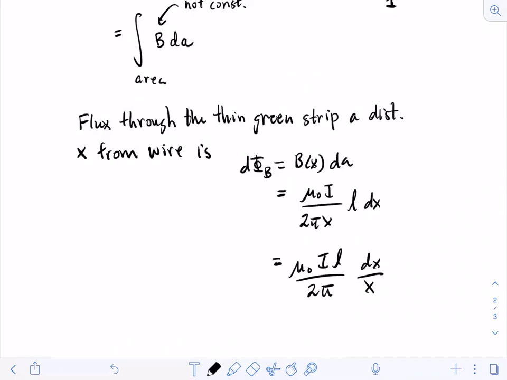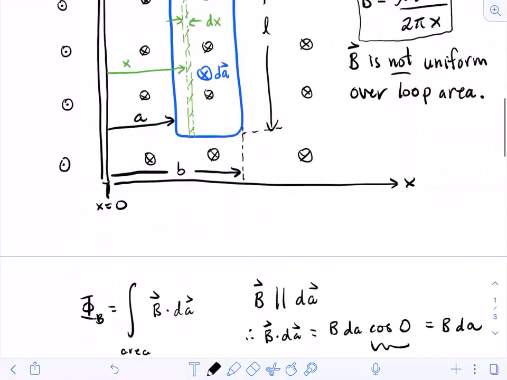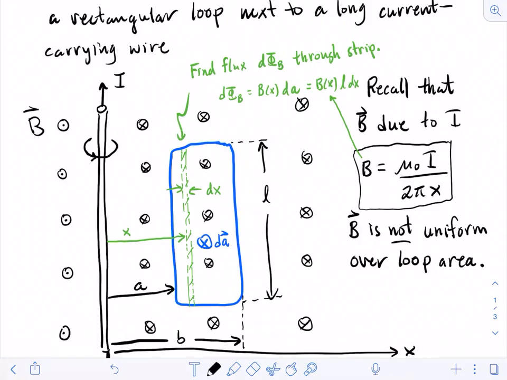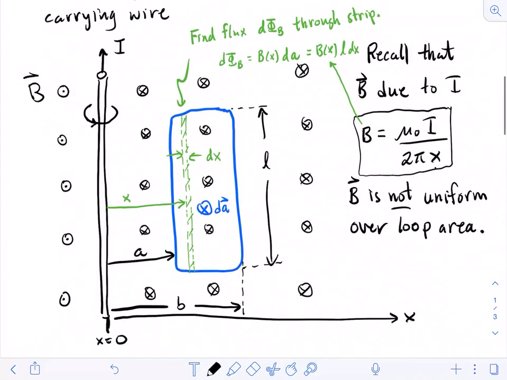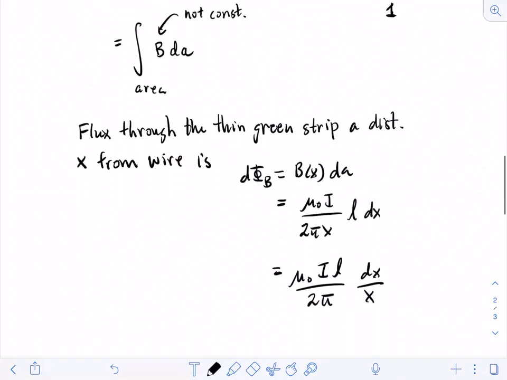Okay. And so if we wanted to know what would be the total flux, I would just take a whole bunch of these strips and do that same calculation for all of them. The only thing that would change is that the distance x away from the wire would change. And so the flux for each strip is a little bit different, but we just imagine constructing the entire area of our loop with a series of these strips, and then the total flux is just the sum of all those.